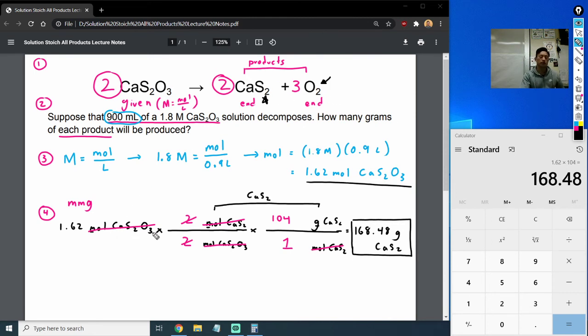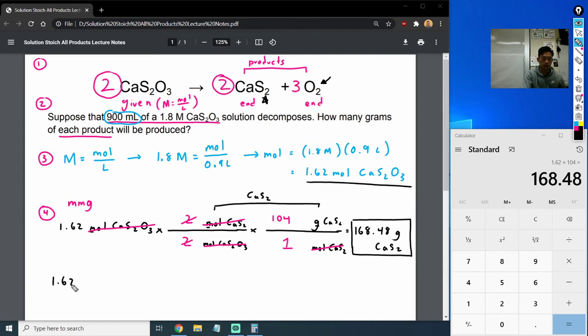So we have to do dimensional analysis again, but luckily for us, we have the same starting number, 1.62 moles of CaS2O3. We don't need to do this whole molarity thing again because we already found how many moles of CaS2O3 we have.